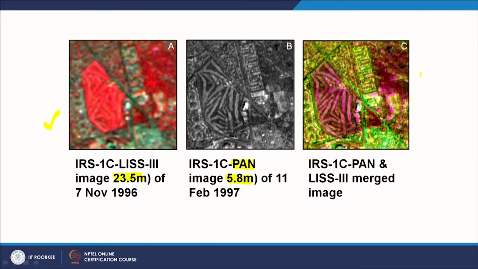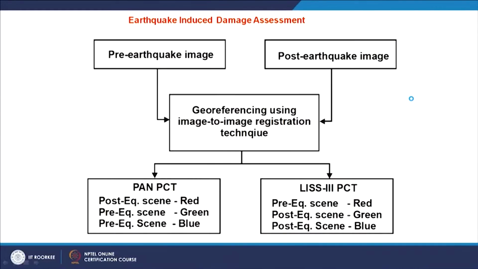Now once you become comfortable with such merging techniques, you can play further with these techniques, because this is just playing within the color space using your images, and this is what we did. We wanted to detect the changes induced by an earthquake event, and that means we were not looking for two different spatial resolution images, but two different images.